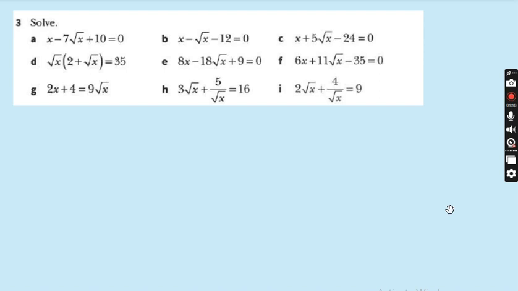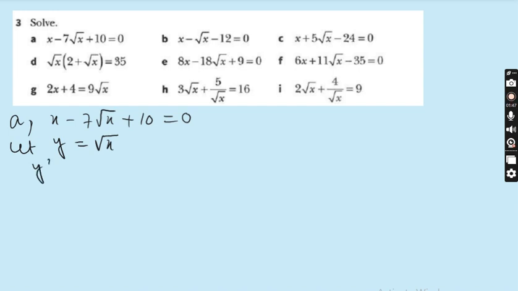Solve. Part A: x minus 7 root x plus 10 is equal to 0. Very easy. Let y equal root x, so y square is equal to x.